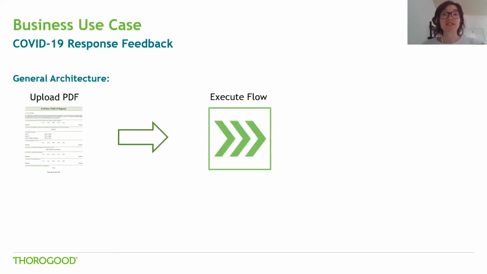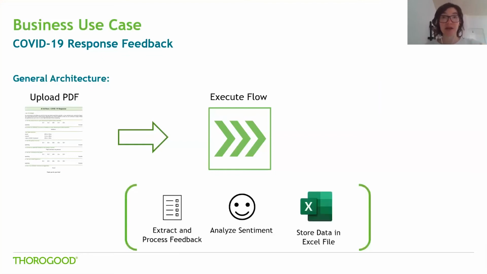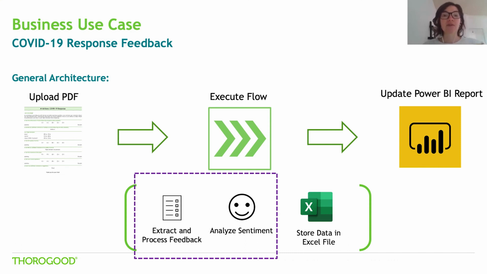This flow consists of extracting relevant feedback from the forms, analyzing the sentiment of that feedback, and then populating an Excel sheet with the probability that any specific extracted feedback was positive. So we're going to get a number between 0 and 1. The flow then pushes that Excel sheet to a Power BI workspace, and from there we can publish insights on customer feedback to a dashboard. So AI really comes in the extract and process feedback and analyze sentiment aspects of this.